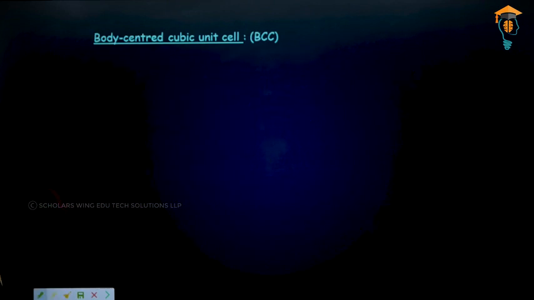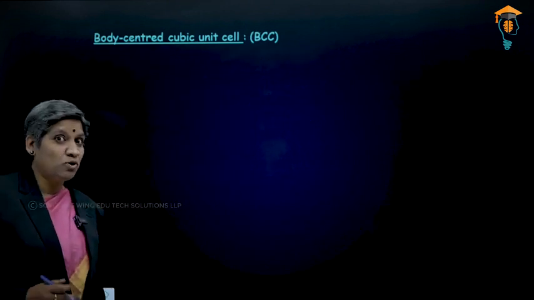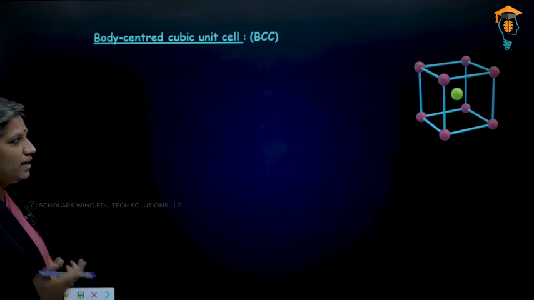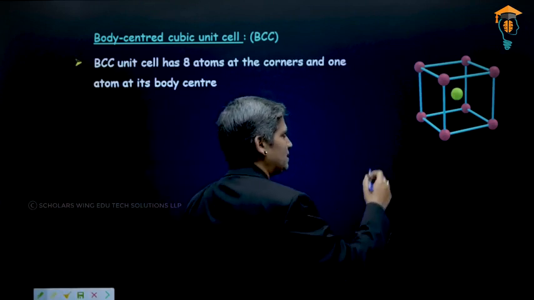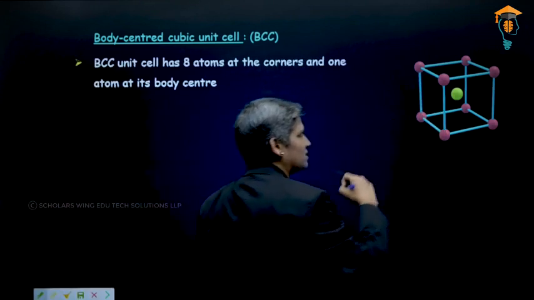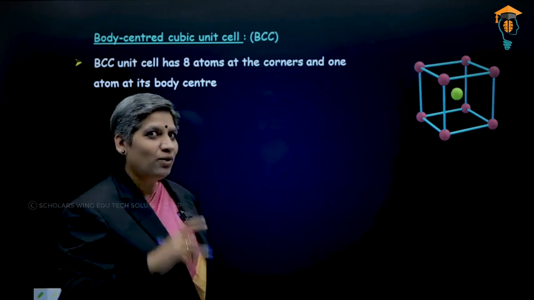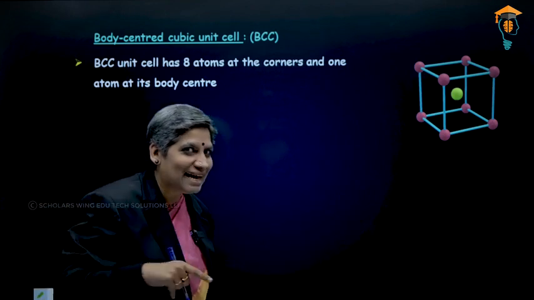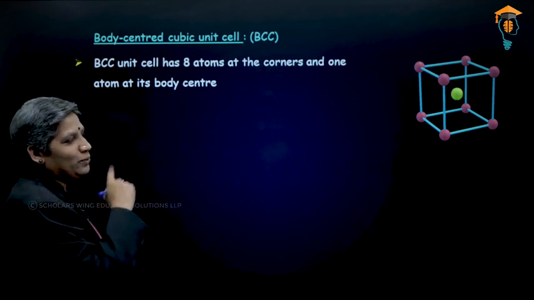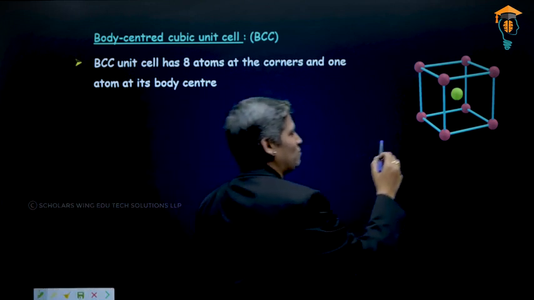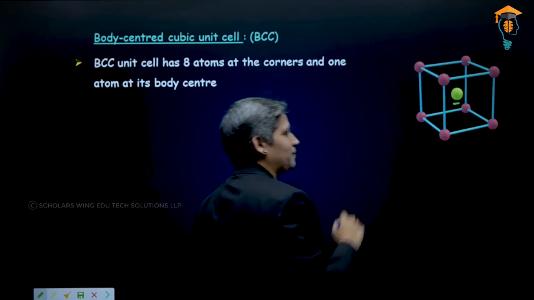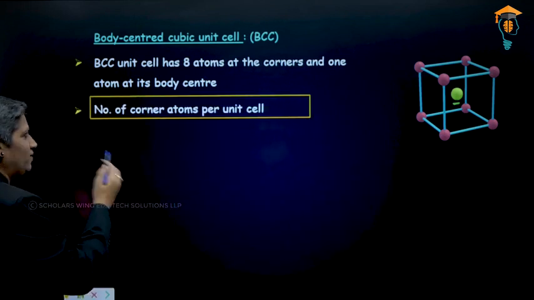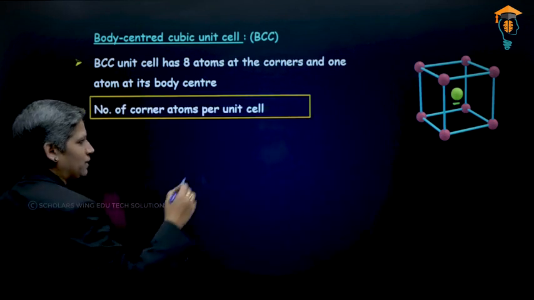Let's proceed. Yes, to BCC, that is body-centered cubic unit cell. And we know here the atoms are present at the corner positions. In addition to that, we have one fellow sitting inside the body of the unit cell. I'm talking about the atom present at the body center. Correct? Yes. We know the number of corner atoms per unit cell is 1.